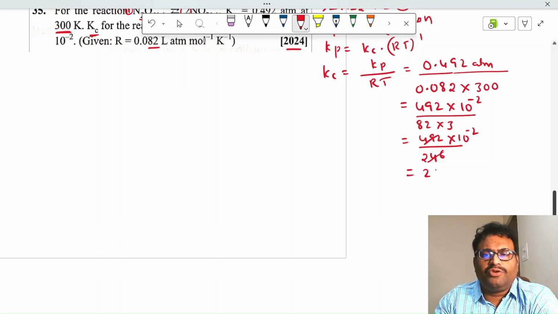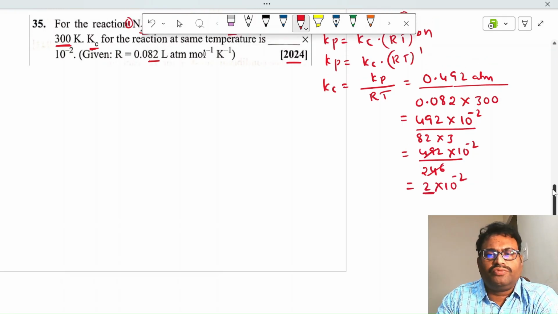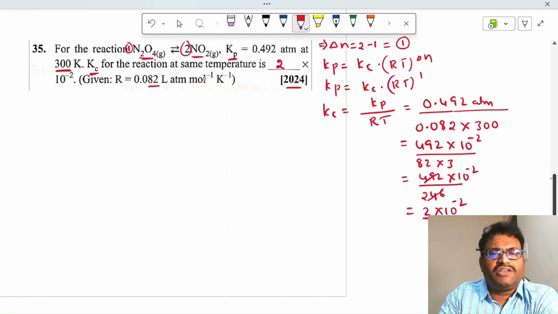So then what do you get? 2 into 10 power minus 2. The question is asked in terms of 10 power minus 2, so the answer will be 2.